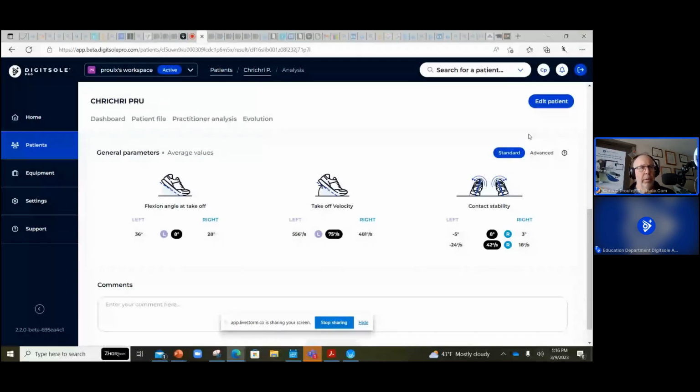This is a former high school level athlete, so it really wouldn't matter for me to compare that. But if you do have an athletic population, some of that data is going to be out there.